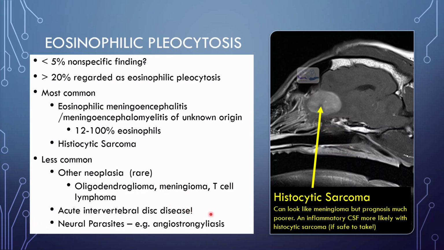And it may be that those particular dogs are just more likely to have an eosinophilic inflammatory response. For example, Rottweilers are much more likely to have an eosinophilic inflammatory response in my experience. And you classically will see it with neural parasites, and it may not be a very high proportion of eosinophils.